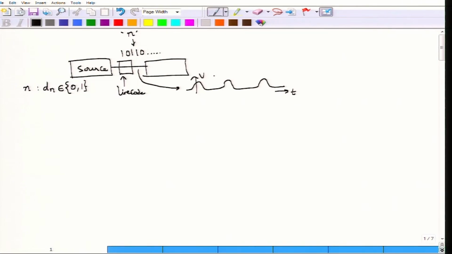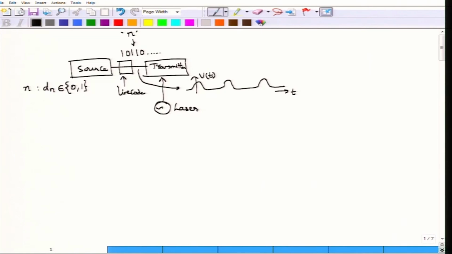So, this would be, let us say, the voltage pulse V of t that would represent that particular sequence which we have written. It could be any sequence which then has to be converted into this physical voltage or current variable. Next comes an optical transmitter. This optical transmitter will necessarily have one more input, which is a laser source.